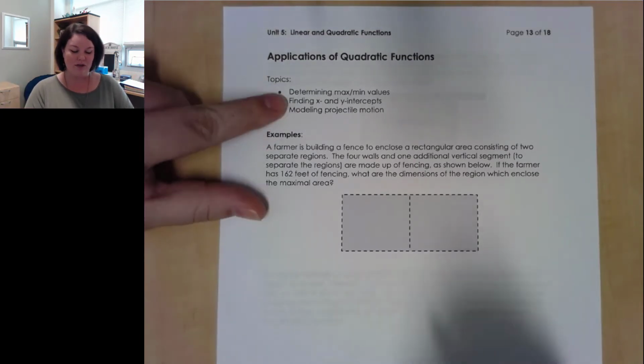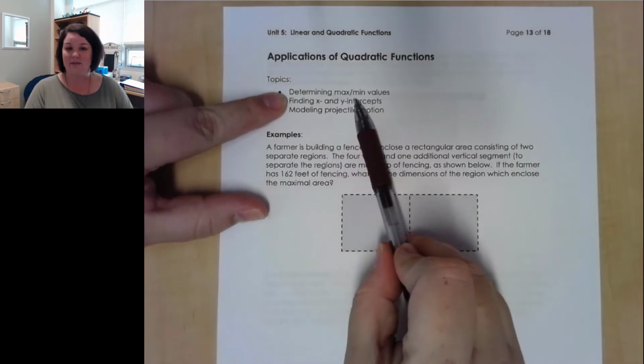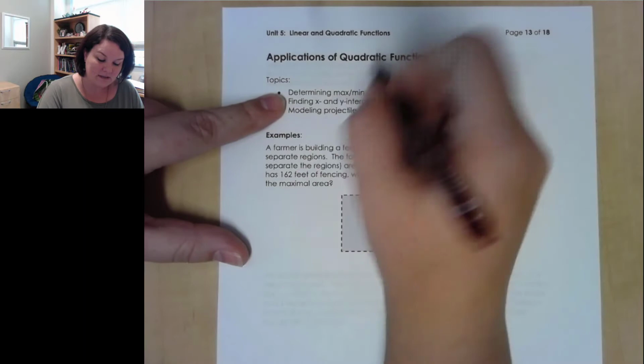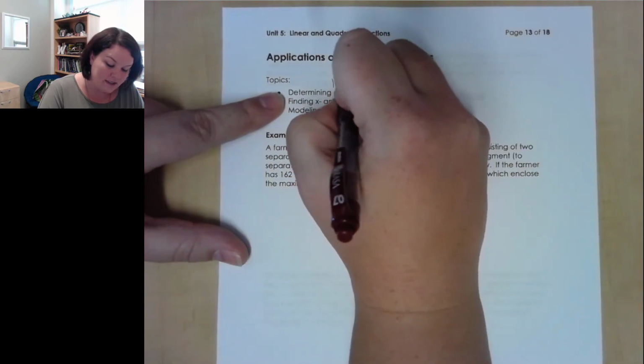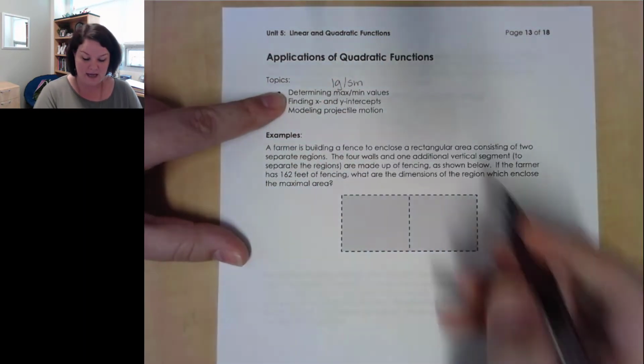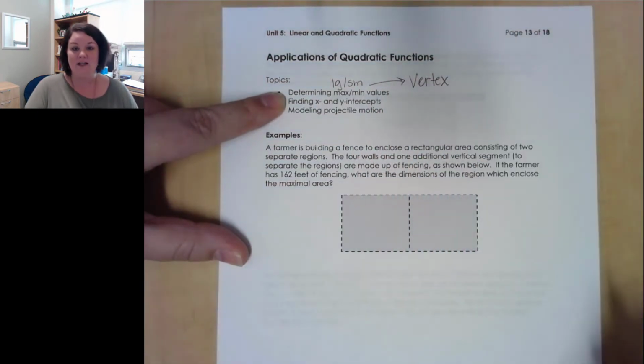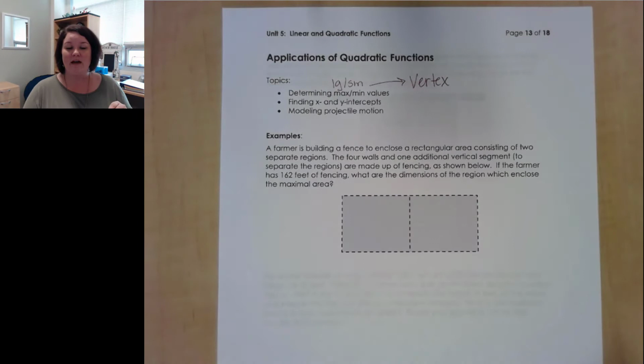All right, so here's what we're going to look at doing. Determining the max and min values. Okay, it's very important. Anytime you see max, min, or largest, smallest, that should be spurring you on to think vertex. Maximum and minimum values only happen when we have a vertex, and the vertex is that highest or lowest point on the parabola.